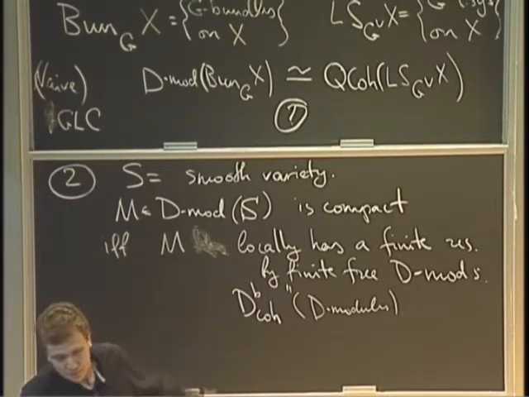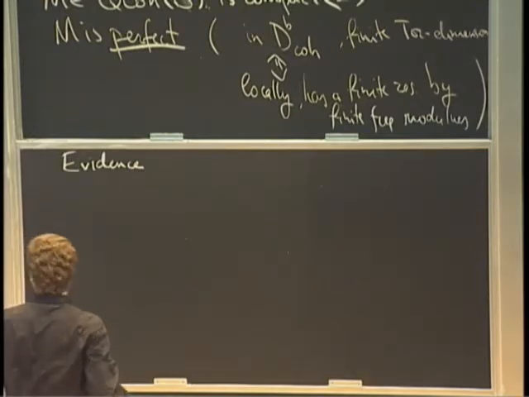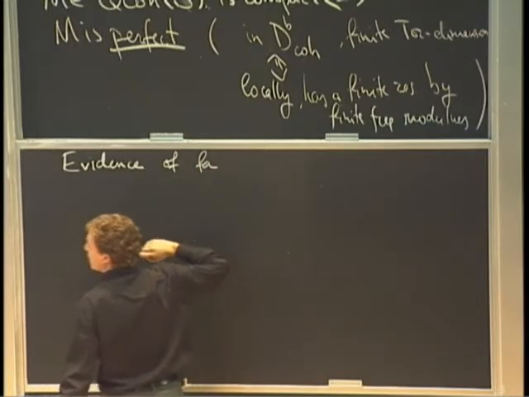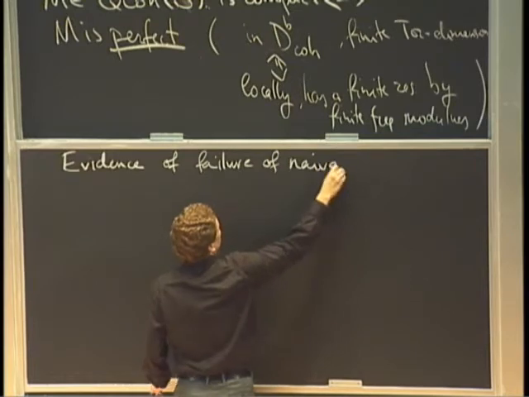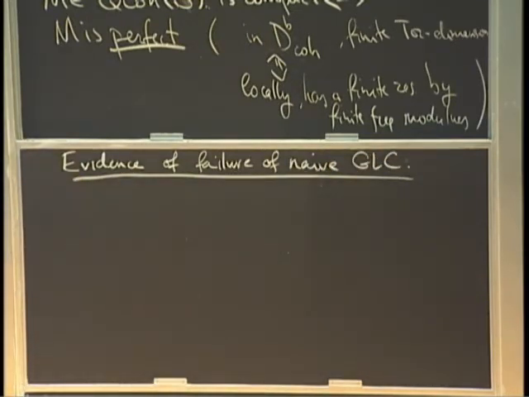Now, how do we know? So let me say a few words about where this evidence comes from. And again, this will be somewhat sketchy, just like the rest of the talks. So evidence for the failure, or the inconsistency, if you like, of this naive statement.